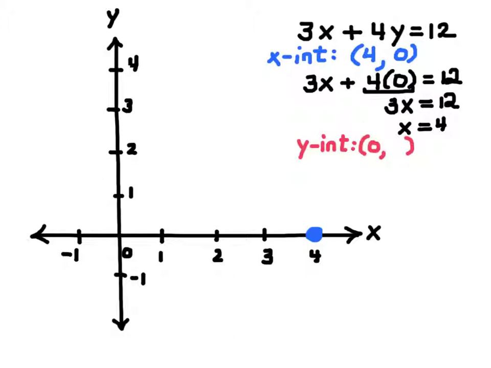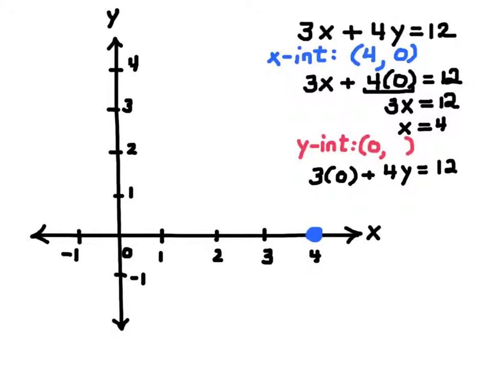So let's work that out by taking our original equation, 3x plus 4y equals 12. But we're going to change the x to a 0. So 3 times 0, because x is 0, plus 4 times y is equal to 12.